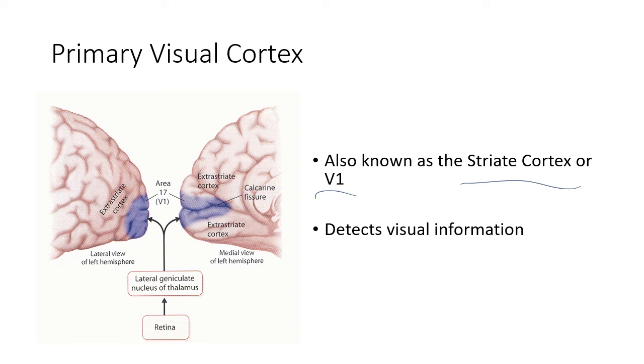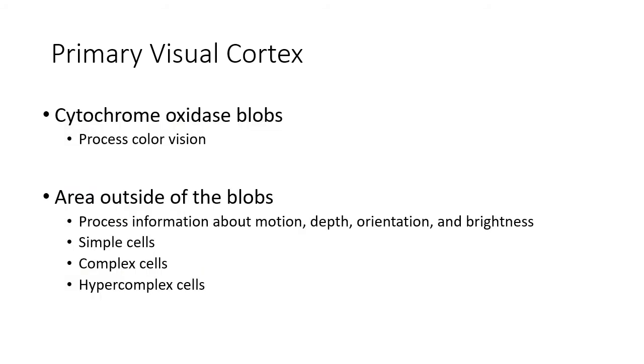It's responsible for processing the fine details in the major information coming in. After it goes through the primary visual cortex, it then goes to the extrastriate cortex, or the secondary visual cortex, the visual association cortex. We'll talk about that in a minute.